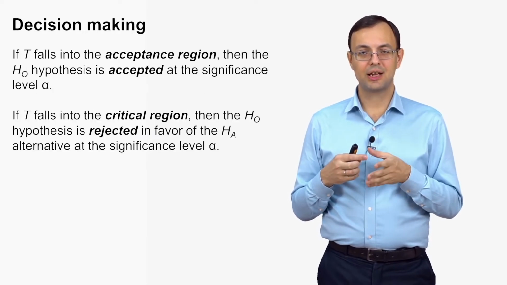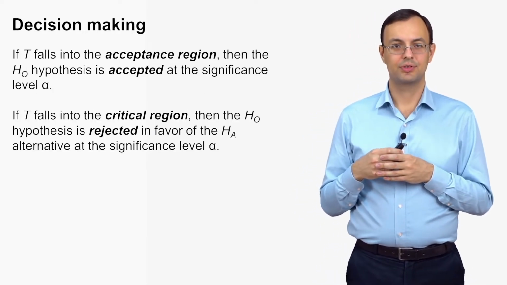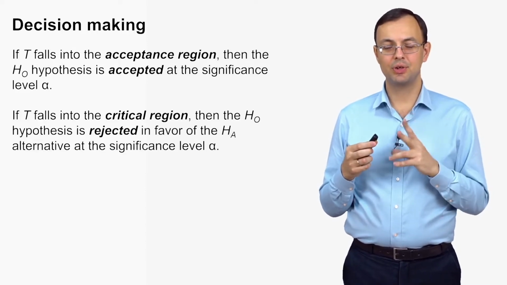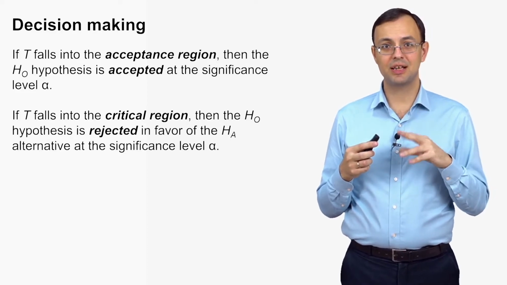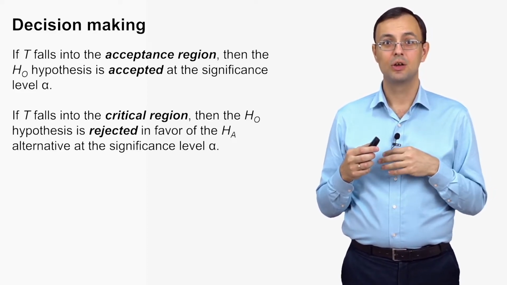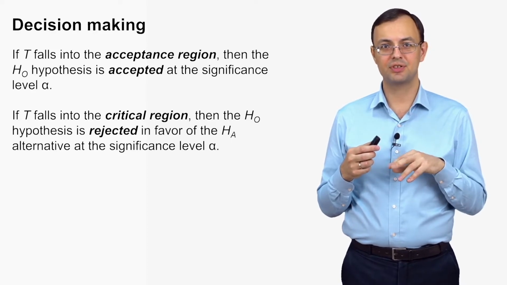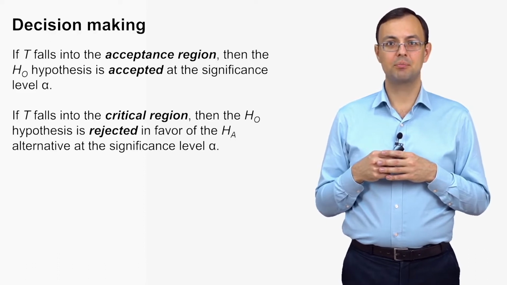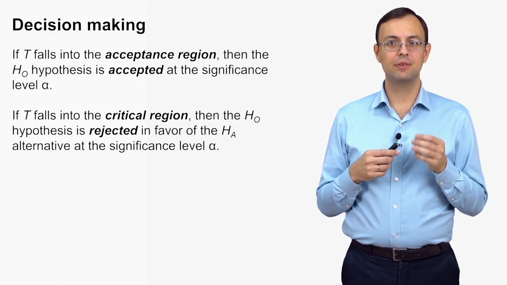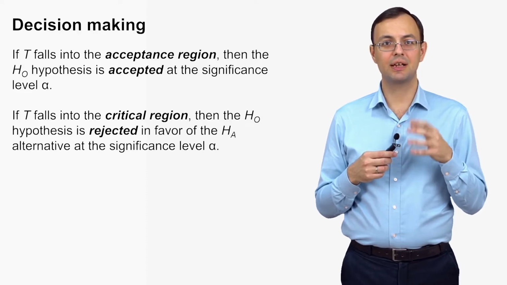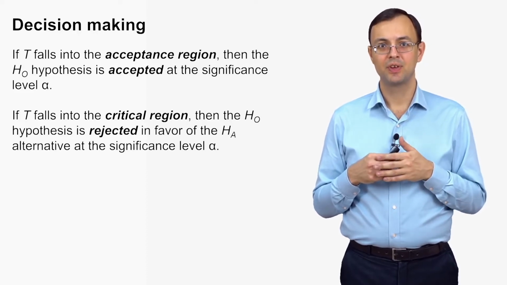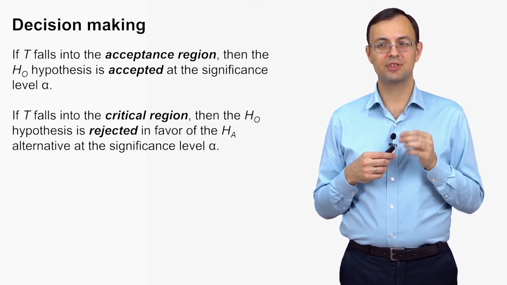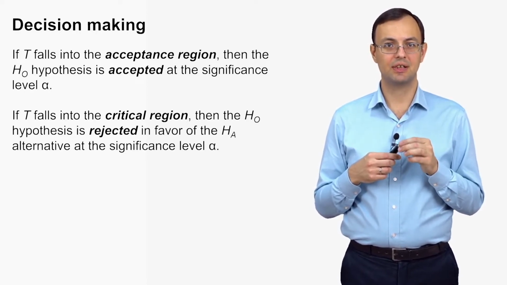So now it's time to make a decision. You remember that what we are going to do is to choose one of the two hypotheses, either to accept the null hypothesis and reject the alternative one, or vice versa, to reject the null hypothesis and accept the alternative one. The decision is made as follows. If t, the observed value of the test statistic you have just calculated, falls into the acceptance region, then the null hypothesis is accepted at the significance level alpha.